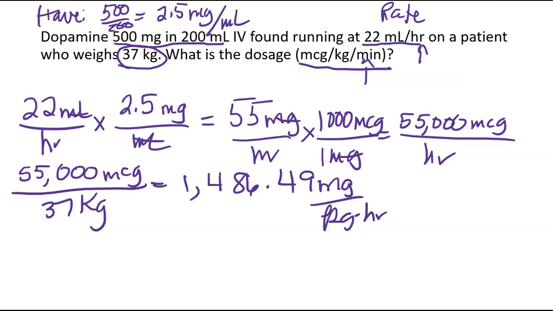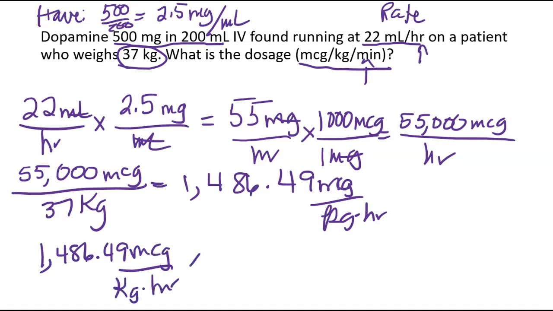We've done all of it so far. So we look at 1,486.49. This is micrograms, not milligrams. Micrograms per kilogram per hour. We need to do minutes now. 1 hour is 60 minutes.